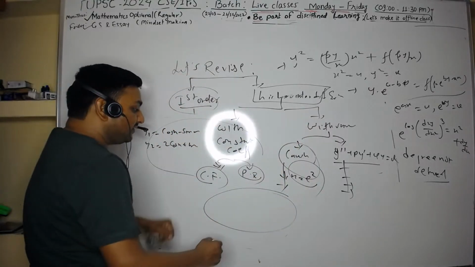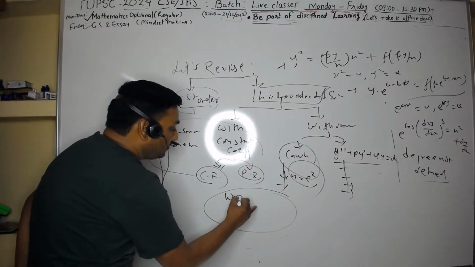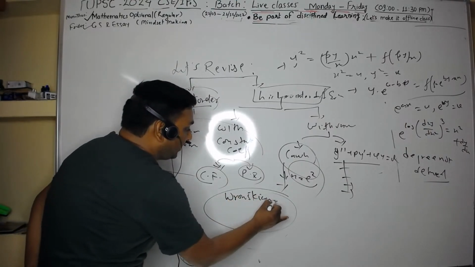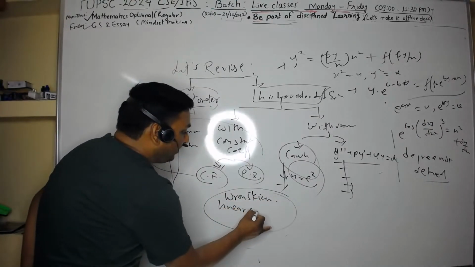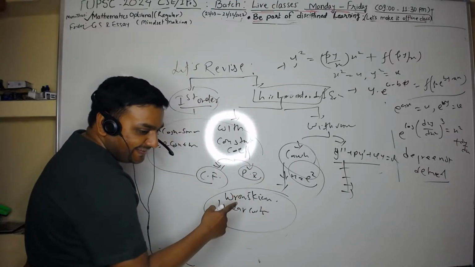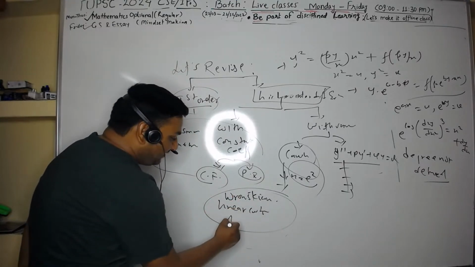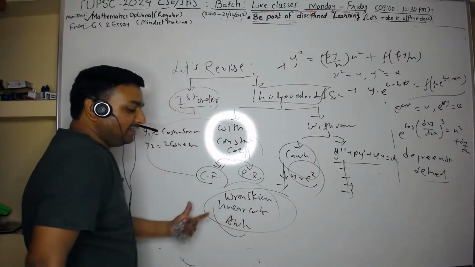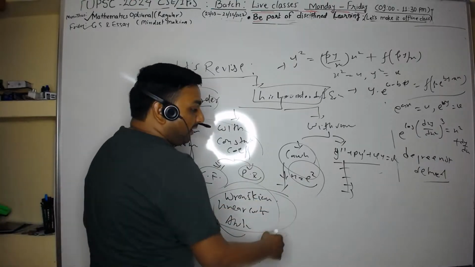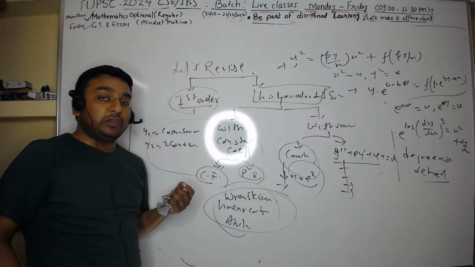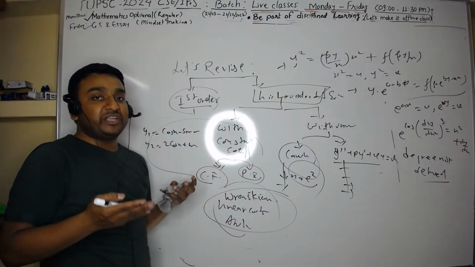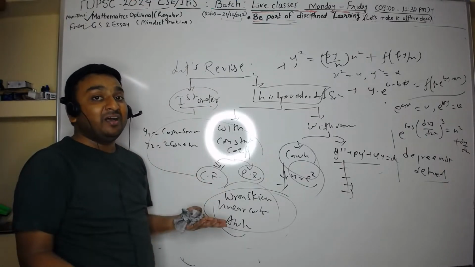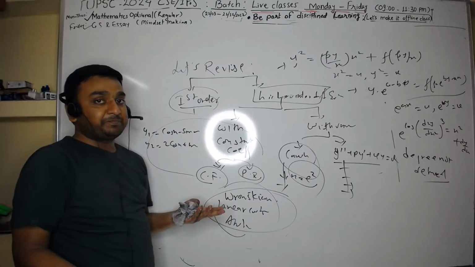What is that segment? That segment was mainly based on the Wronskian, linear combination of solutions, right? Abel's formula, all these things I talked about. If y1, y2, ... yn are solutions of Ly equals 0, then their linear combination will again be a solution, right?